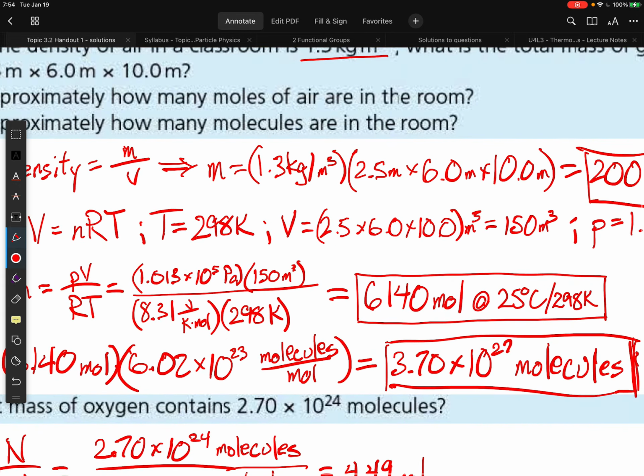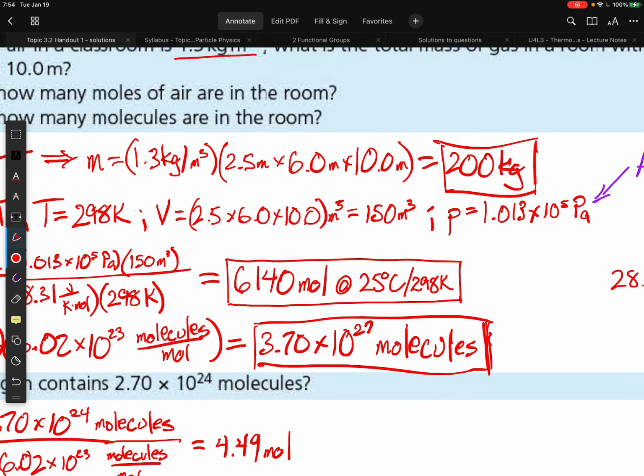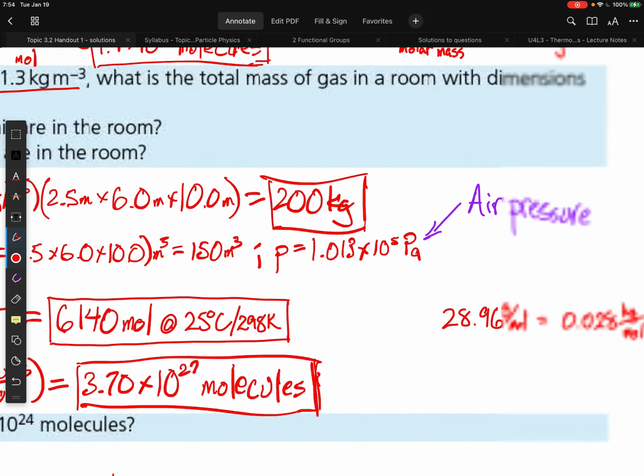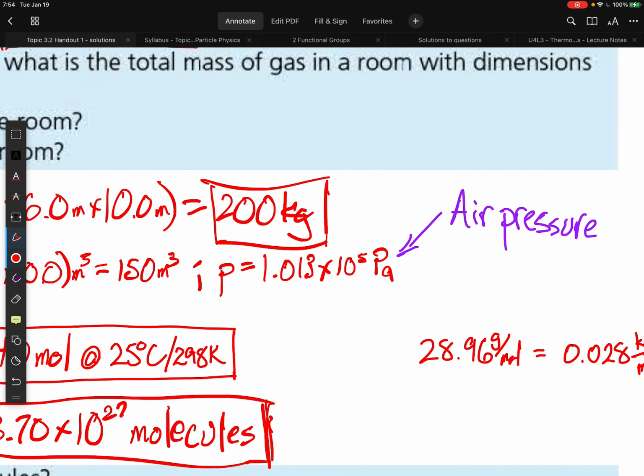Okay, volume is fairly straightforward. One thing that is not given in the problem is our pressure, and of course we're looking at atmospheric pressure. For atmospheric pressure, it is reasonable to assume that it will be about 1.01 times 10 to the 5 pascals.